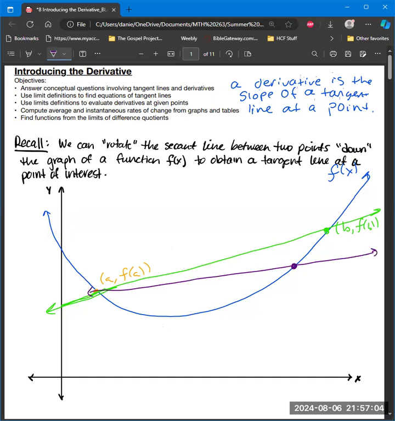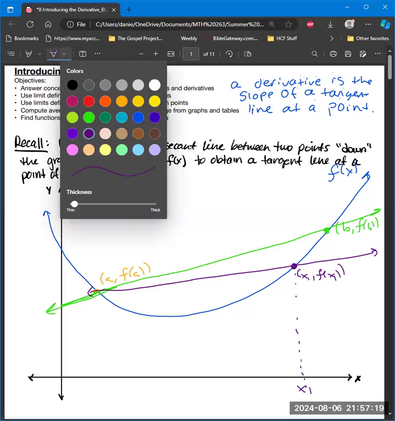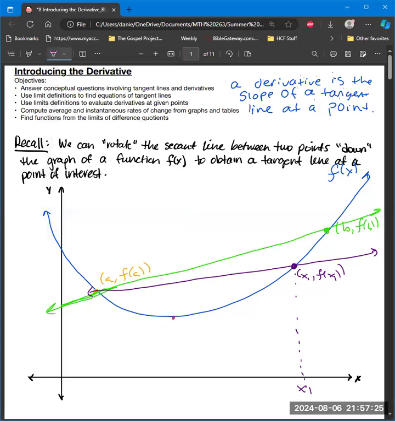And we'll say that this here, we can call that x1. And we can call this point here x2, and we have x2, f of x2 here.